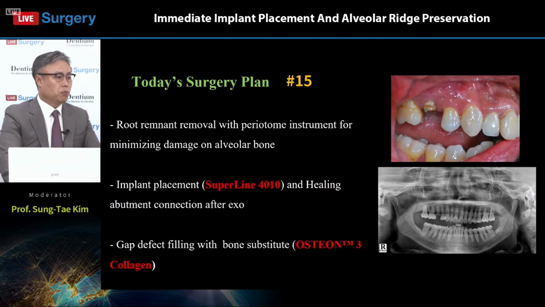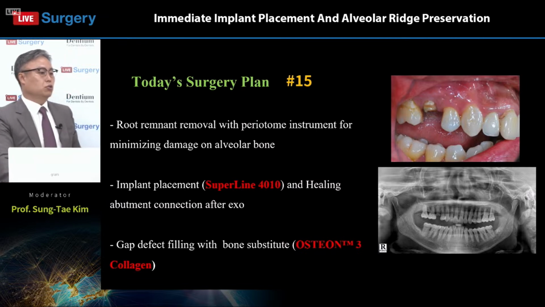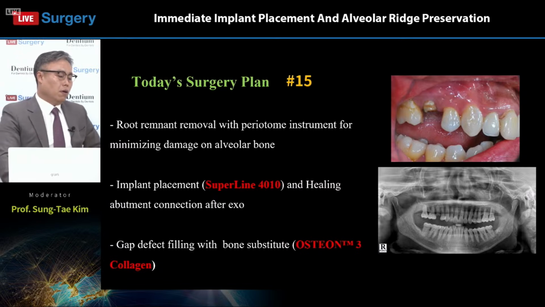This is today's surgery plan. Root remnant removal with the periodontal instrument to minimize damage on the alveolar bone, and implant placement. The Superline implant, 4mm diameter and 10mm length, is going to be used, and the healing abutment will be connected after extraction, as long as the primary stability is okay.